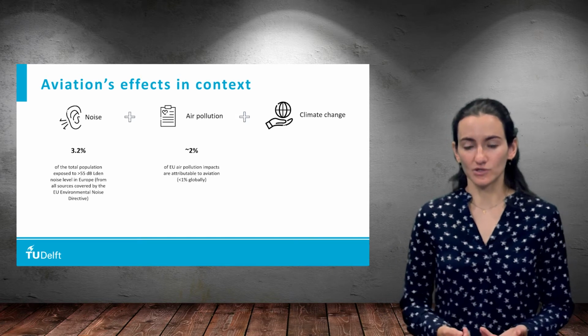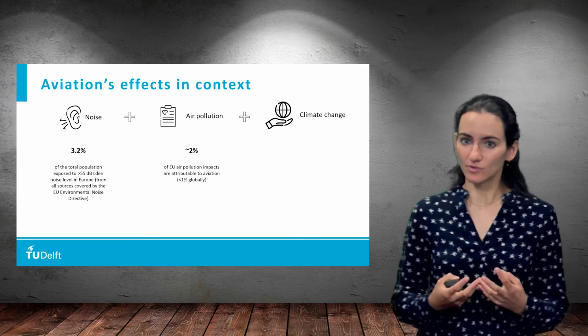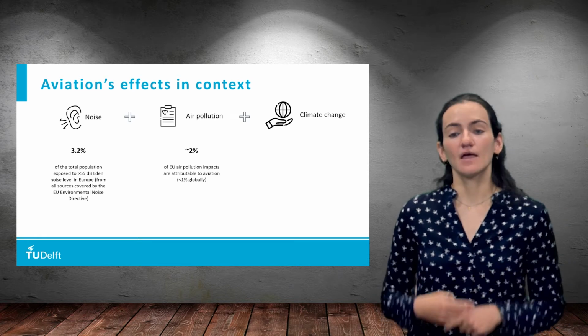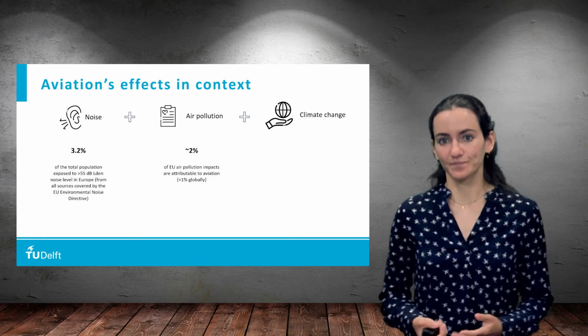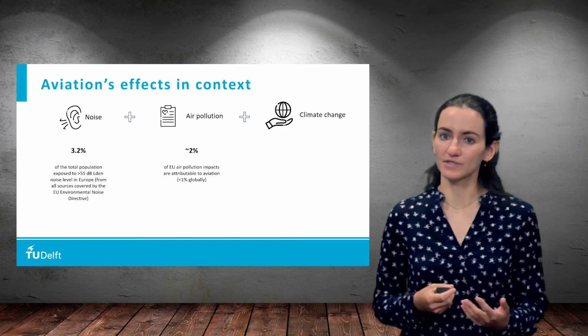When it comes to air pollution, meaning how much of air pollution in Europe is attributable to aviation activity, that number is around 2%. If you look at it globally, that number is less, around 1% or less.